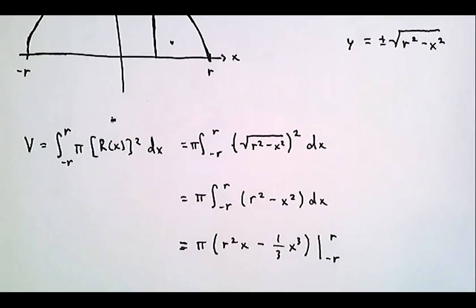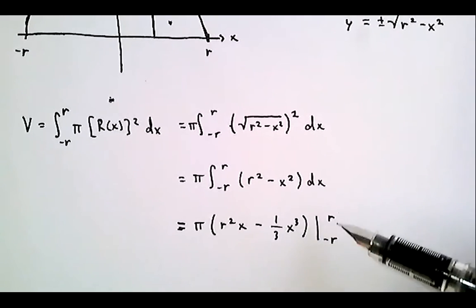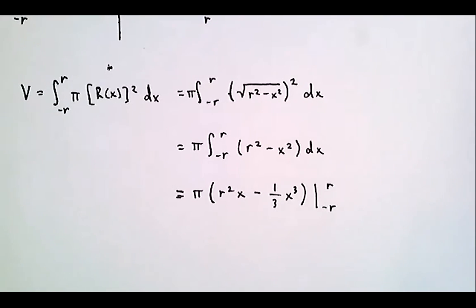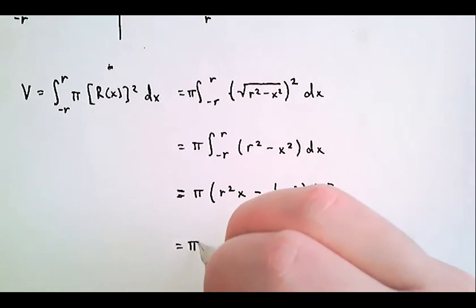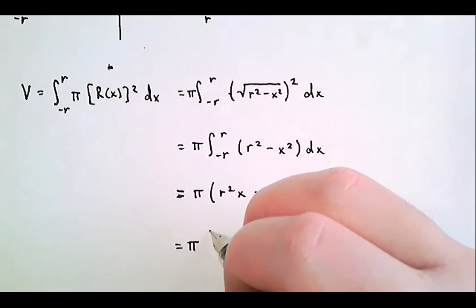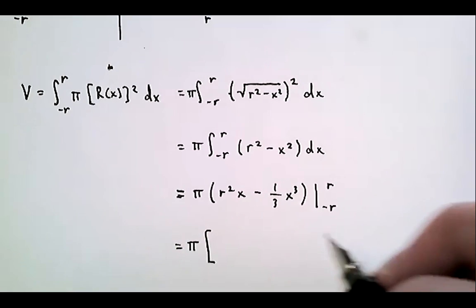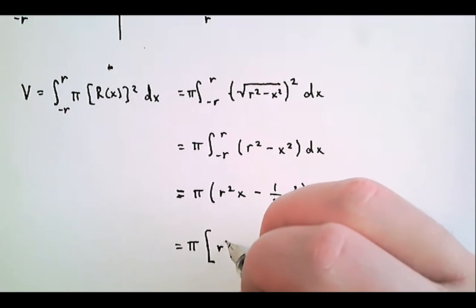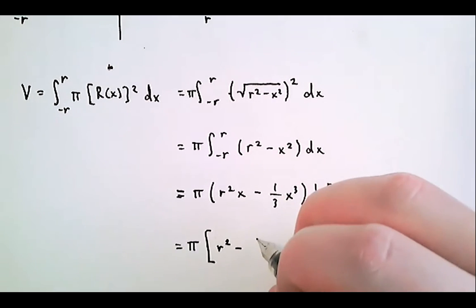And now we have to deal with our limits of integration. So plug in the r, find the difference. I'm just going to leave my pi sitting on the outside so that we don't have to deal with it until a little bit later. When we plug in positive r, we get r cubed, and then minus 1/3 r cubed.